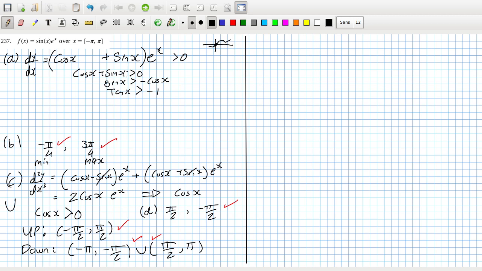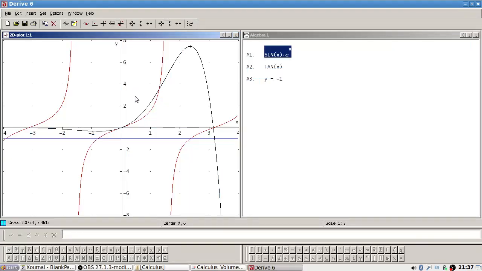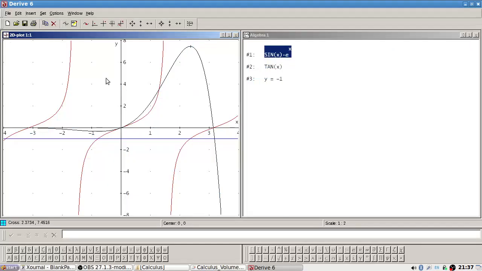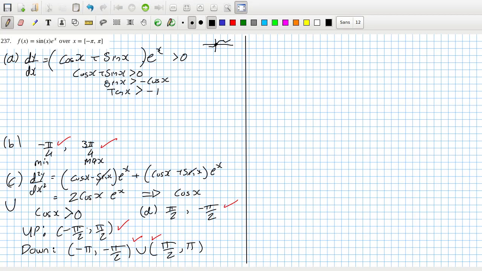I made a sign mistake, didn't I? No. Derivative of sine is cos? And then no, that is right. So what on earth is happening here? This is very peculiar. So it's increasing when this is positive.